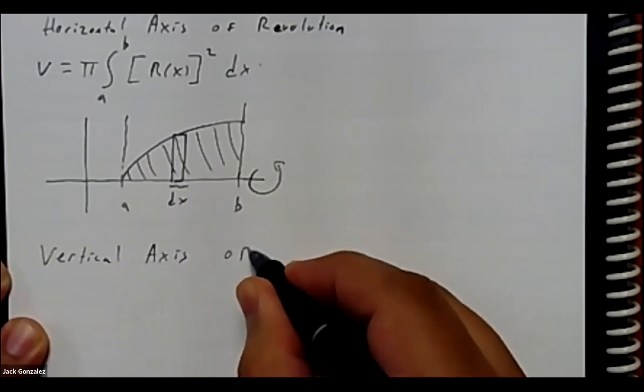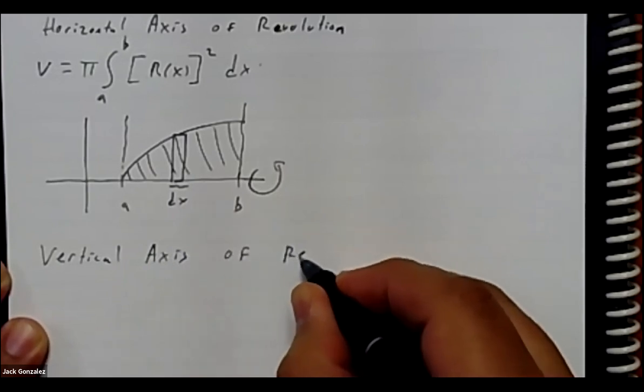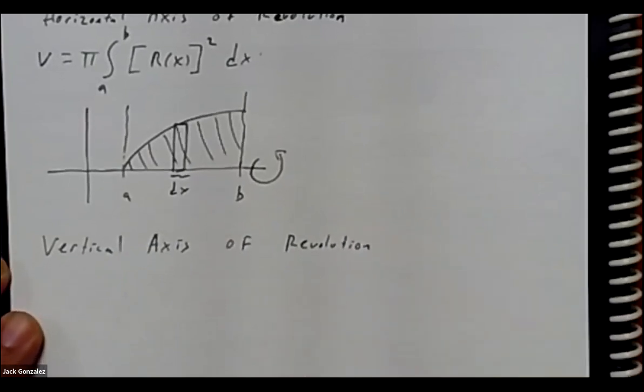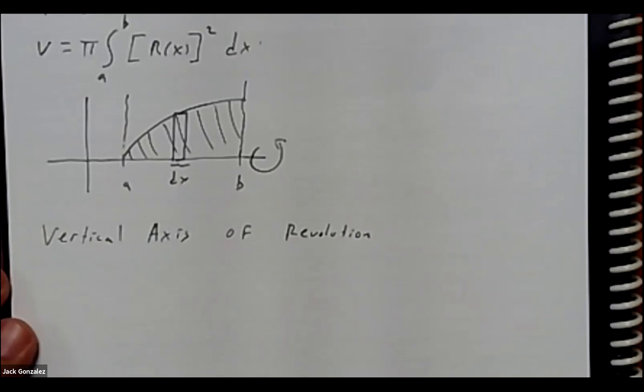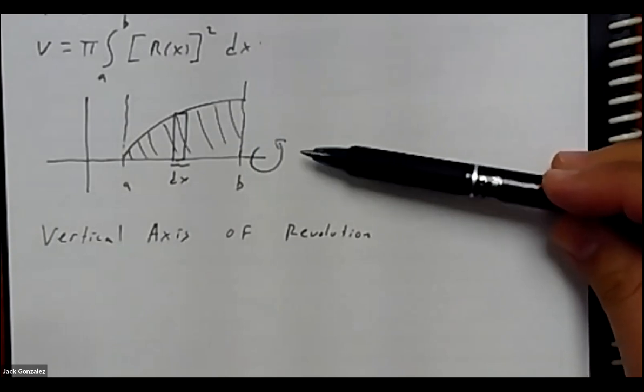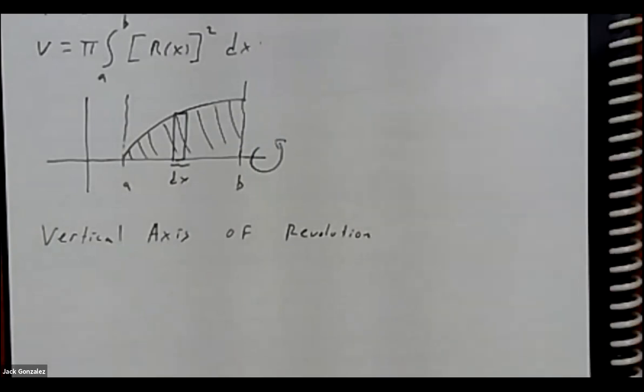Vertical axis of revolution. So when using this method, the rotational axis always has to be perpendicular. If you can't make it happen, then you need to use a different method, which we'll talk about in 7.3.